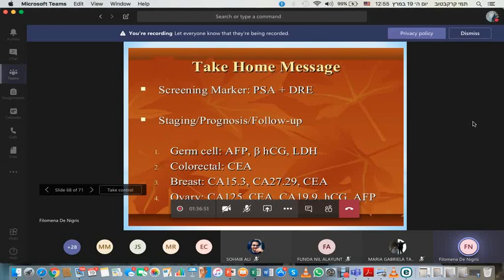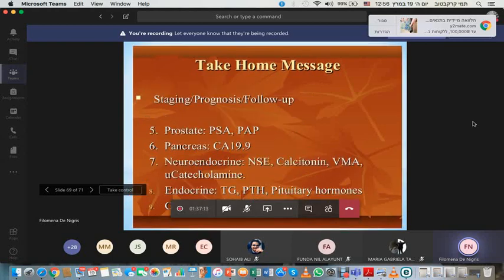If we have an indication that the patient has breast cancer, we have to ask for these markers and verify if they are positive or not. For ovarian cancer, we have these markers all together and use all of them to make the right decision. We also have markers for prognosis for prostate cancer, pancreatic cancer, and different endocrine tumors.